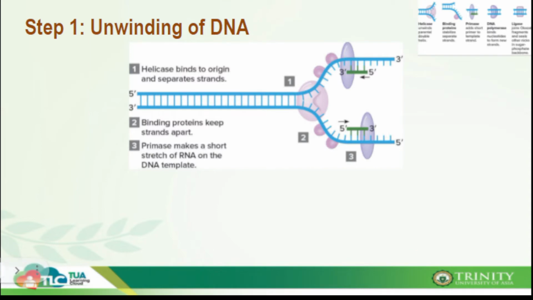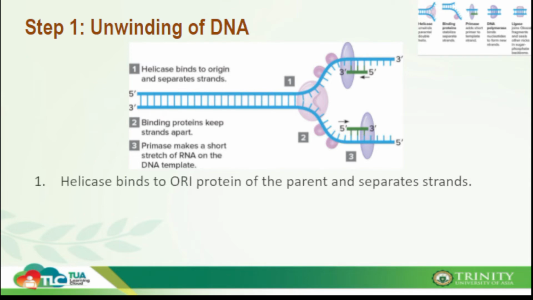So the first step in DNA synthesis is the unwinding of DNA. I have here on top the different enzymes needed for DNA synthesis. So the first is DNA helicase, okay? Helicase, remember the letter H, because it is the one that separates. The helicase will bind to the ori of the parent strand and will start to separate the strands. It is the helicase that separates the original parent DNA, starting at the ori.